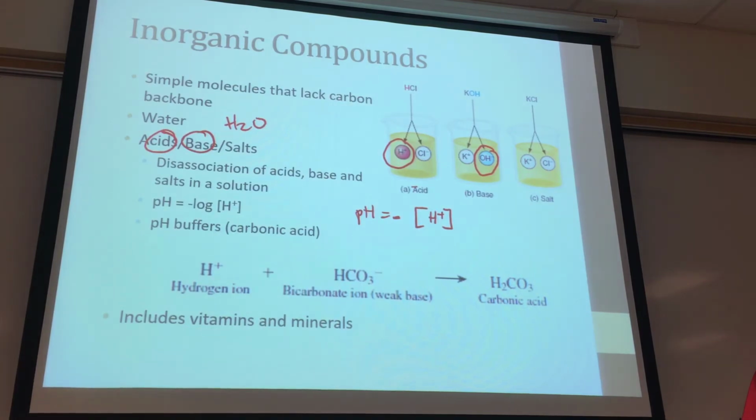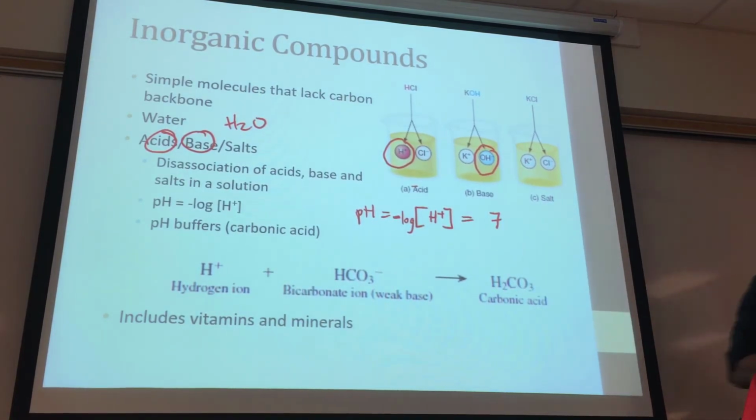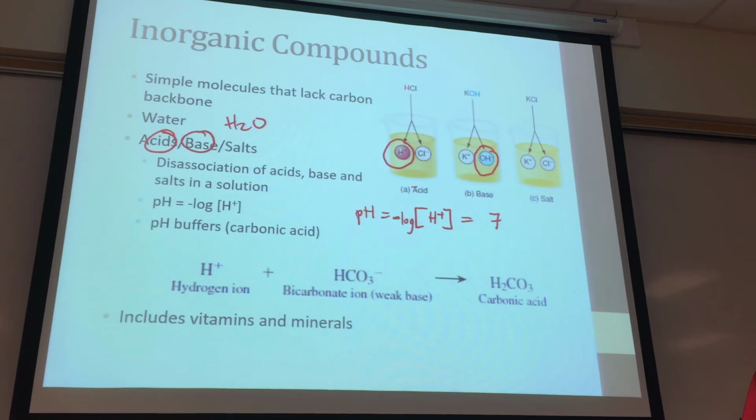It exhibits a logarithmic scale, which you don't really need to know, but a neutral pH would be a pH of 7. That means this is fairly neutral. Things that have a higher pH are more basic, so anything about 8 plus is going to be basic. And anything less than 7 is acidic.